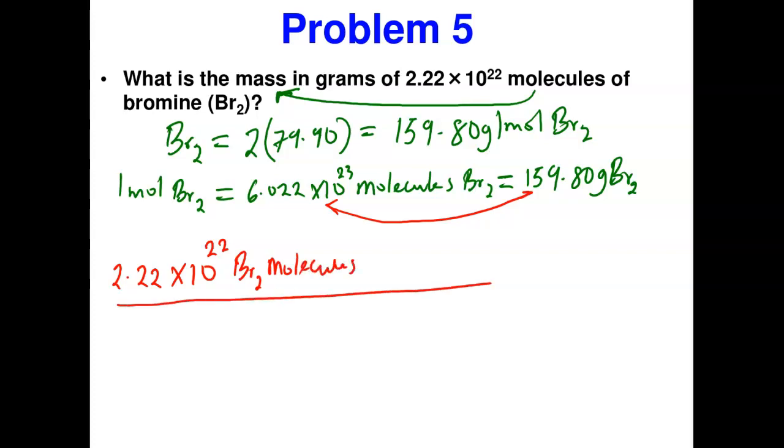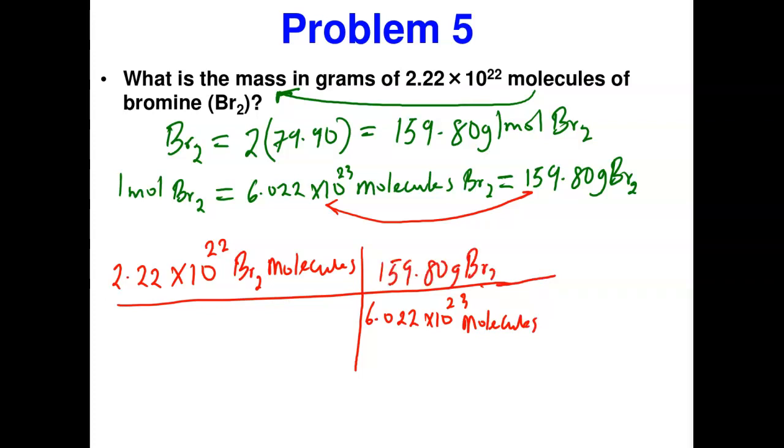And now again, I'm going to multiply this. Since I want to take away the molecules, what am I going to use? I'm going to put this down. So this will be 6.022 times 10 to the 23 molecules. And then on top, I'm going to have what? My molar mass, 159.80 grams of bromine.